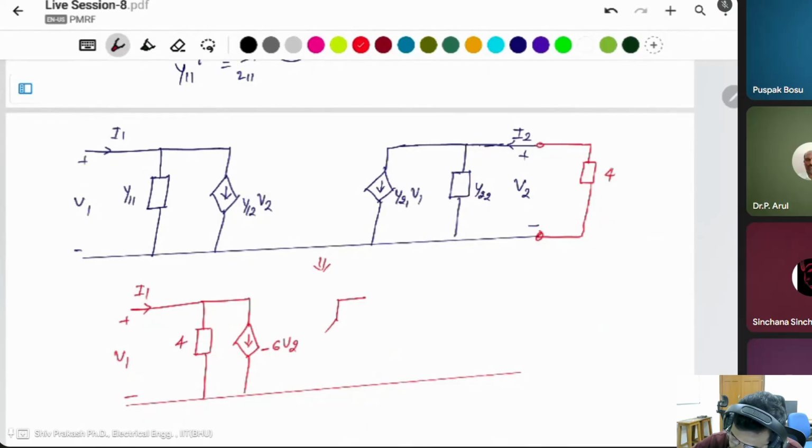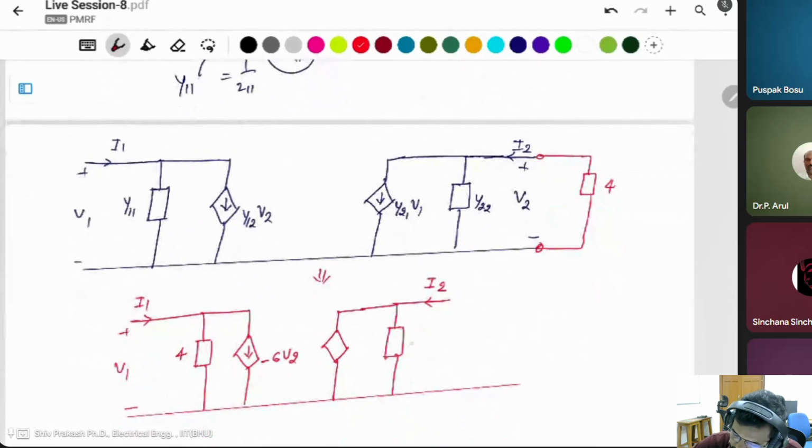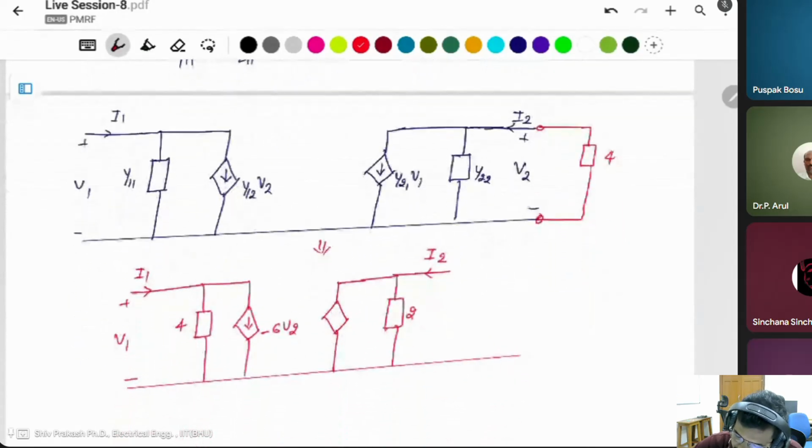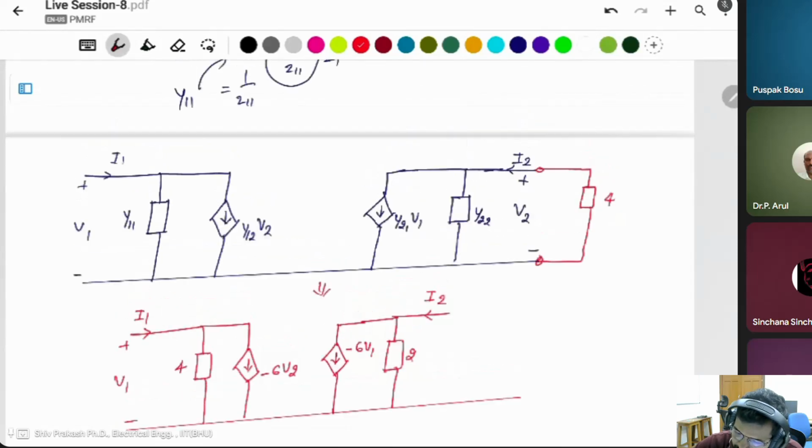Same thing here, I2. Y22 is 2 and y21 is minus 6 V1.